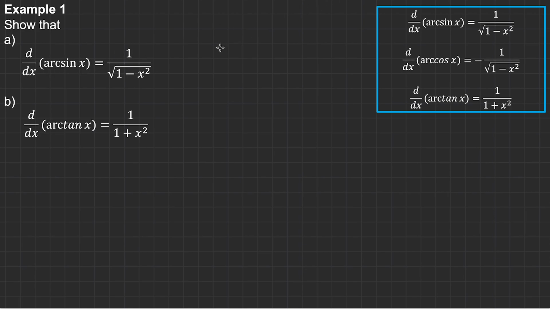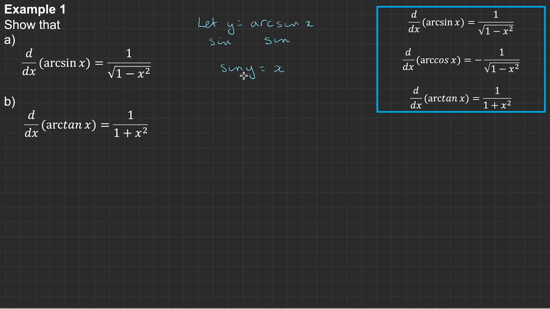So the first thing that we need to say is we're going to let y equal arc sin x. And now we're going to take the sine of both sides. So the arc sine and the sine will cancel. So we're left with the sine of y is equal to x.